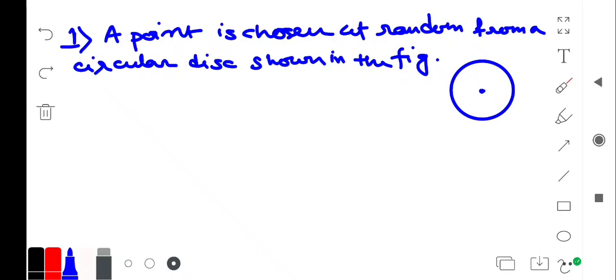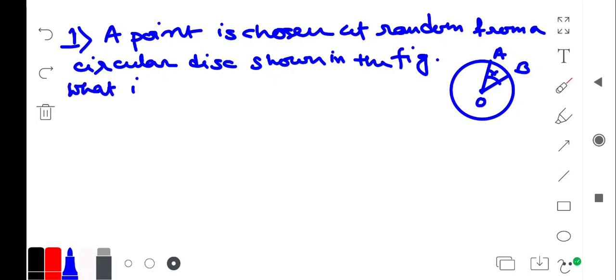Suppose this is the center, this is A, this is B, and this is x.